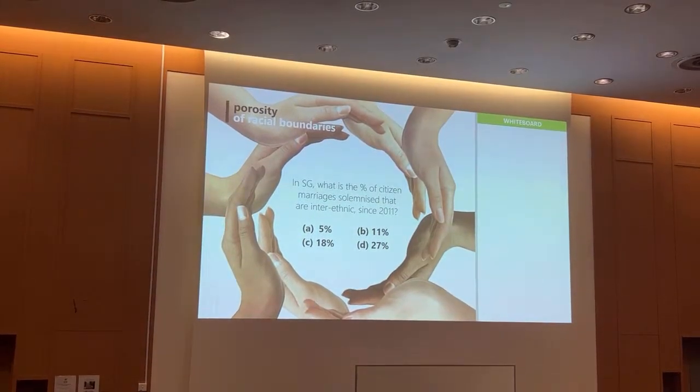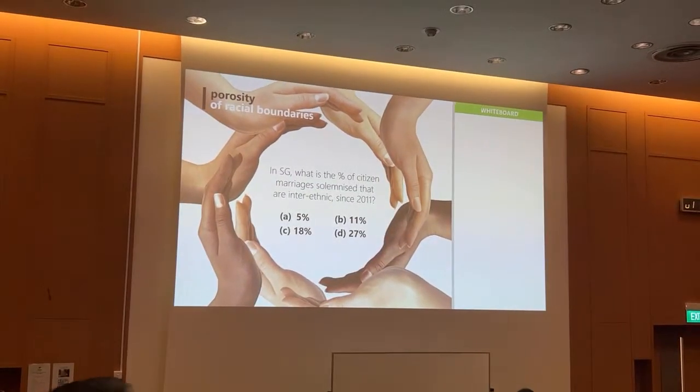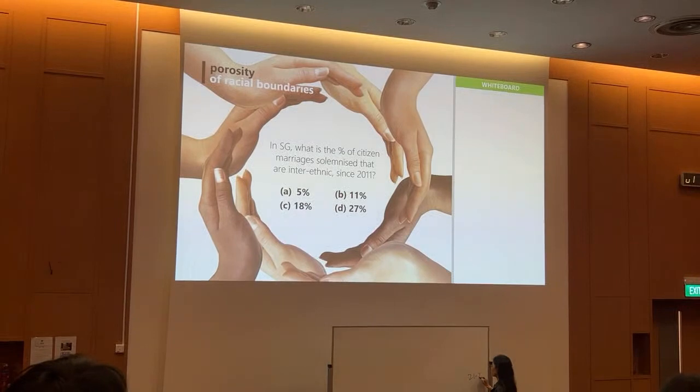Actually, you're not very far off, because what happened was that the government redefined ethnicity and readjusted the data last year. If you look at past reports of similar parameters, they report the numbers to be around 21-22%.